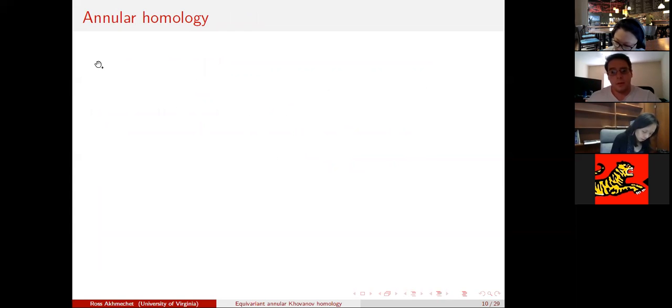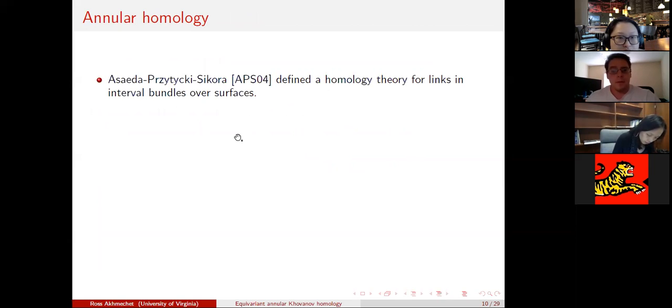So now I want to talk about annular link homology. So the history is, Asaeda, Przytycki, and Sikora define homology for links in interval bundles over surfaces. They really did it for framed, unoriented links, but I think you usually can just translate between that and oriented, unframed links.